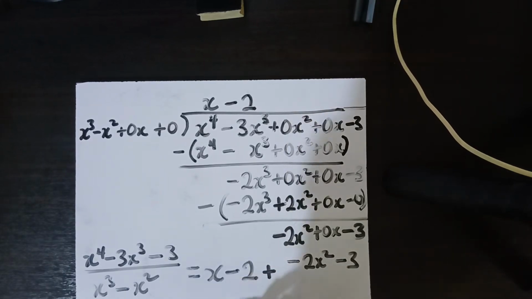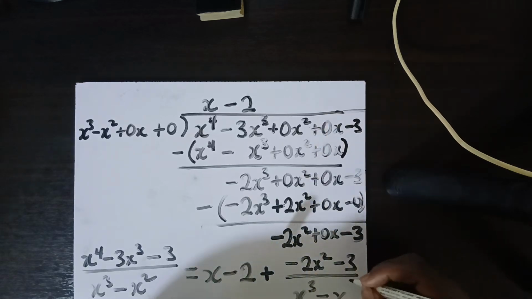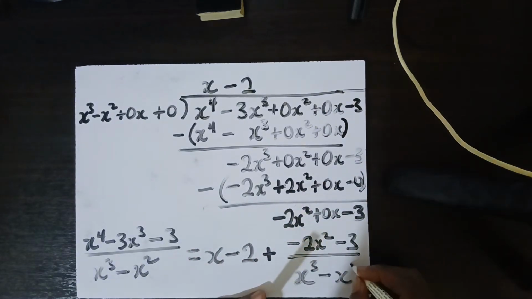I'm no more writing the 0x here because it is not needed. It was just a placeholder. This is the remainder divided by the denominator, that is x cubed minus x squared.